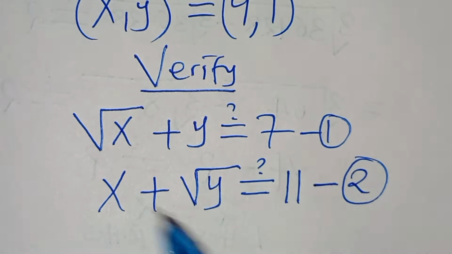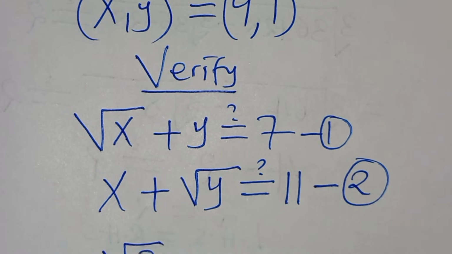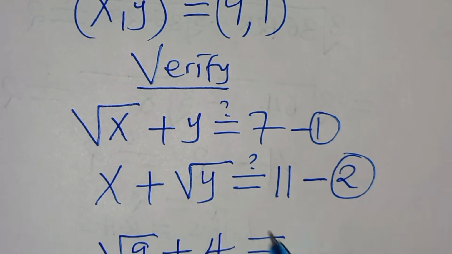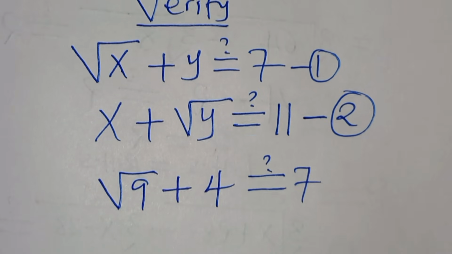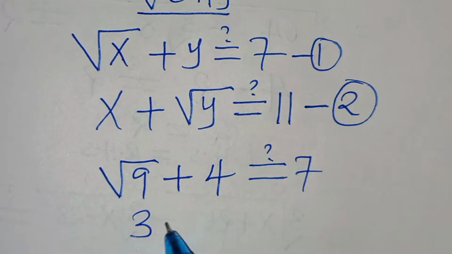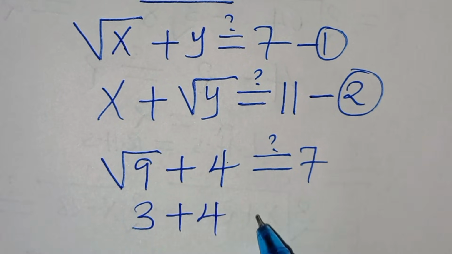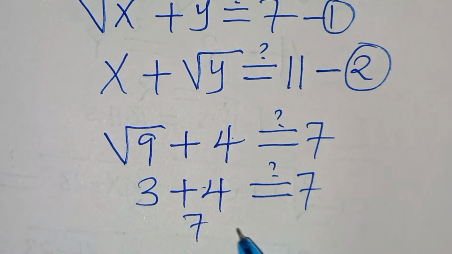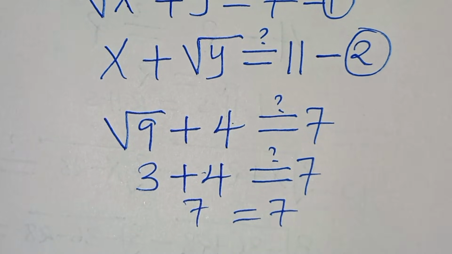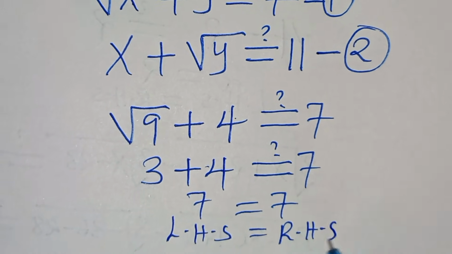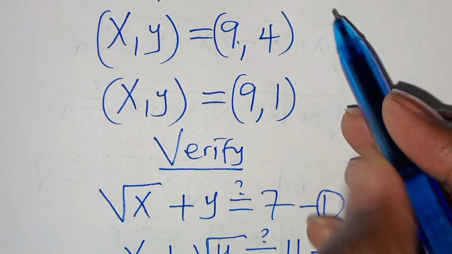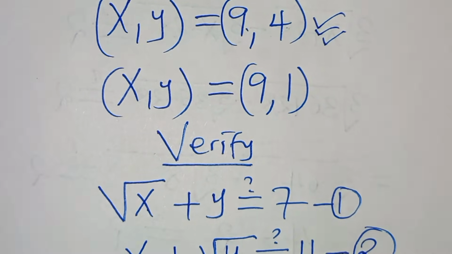Let's substitute. Here we have square root of 9 plus y, which is 4, supposed to give us a value of 7. So square root of 9 is 3, plus 4, and this is equal to 7. So the left hand side is equal to the right hand side. So we prove that x, y, which is 9, 4, satisfies the equation.